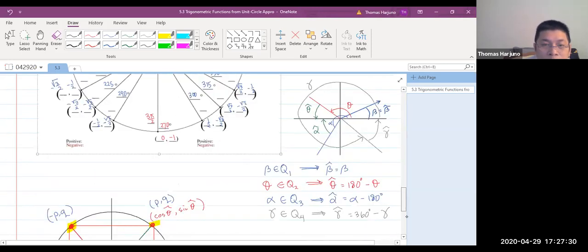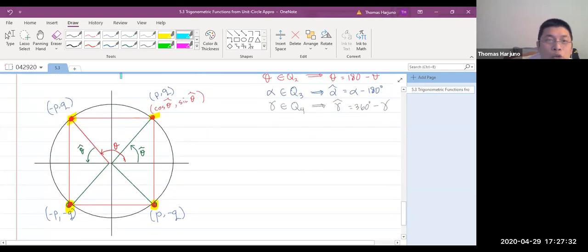Just for fun, suppose I ask you to compute the value of sine 150 degrees. Then we ask first, what is the reference angle? If theta is 150 degrees, that is in quadrant 2, by the way.